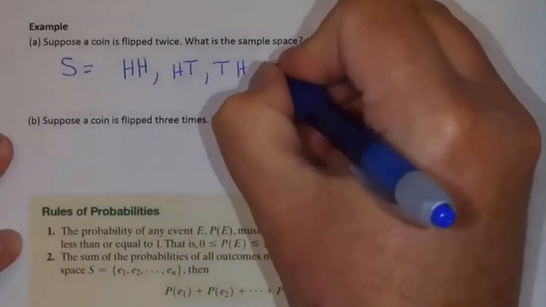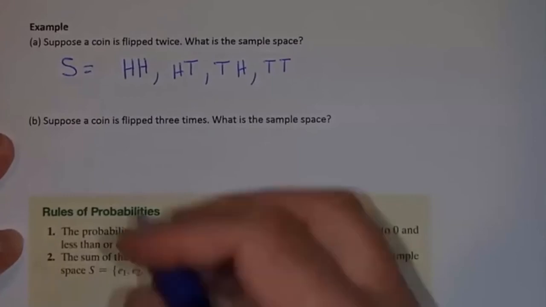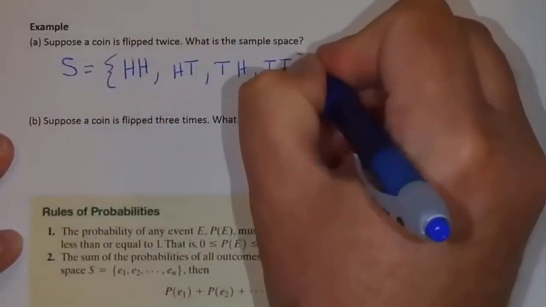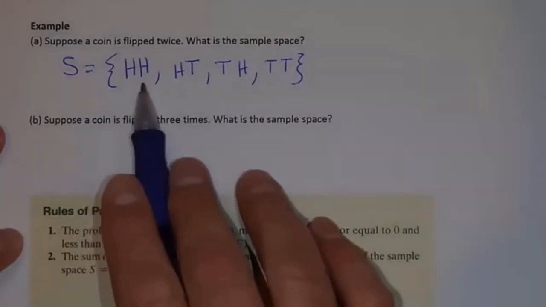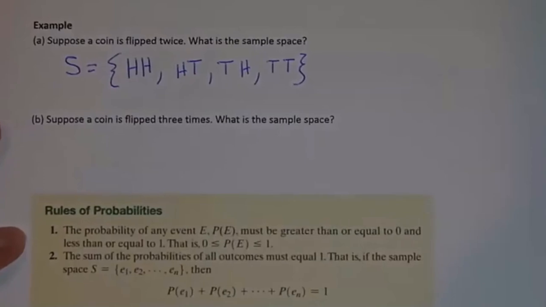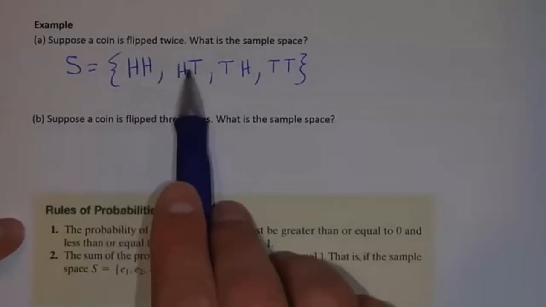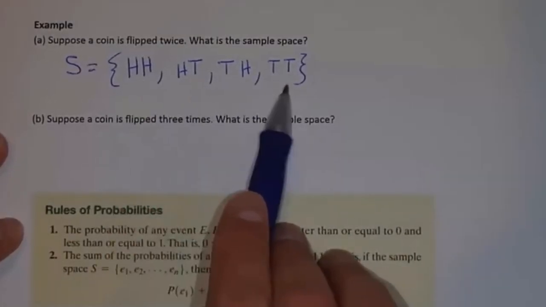Or I could possibly get tails on the first flip and tails on the second flip. These are the only 4 possibilities. So I could get heads, heads; heads, tails; tails, heads; or tails, tails. That's it. Those are the possibilities. So this might be event 1, event 2, event 3, event 4. So these would be simple events.